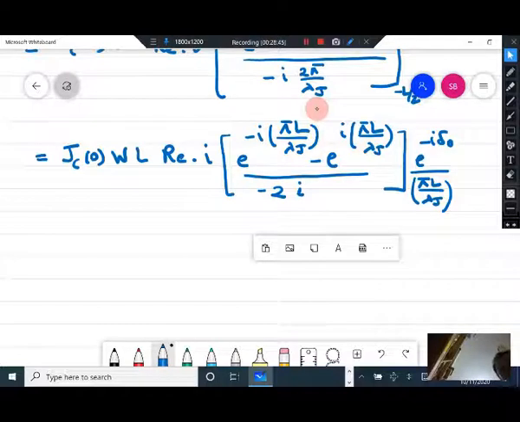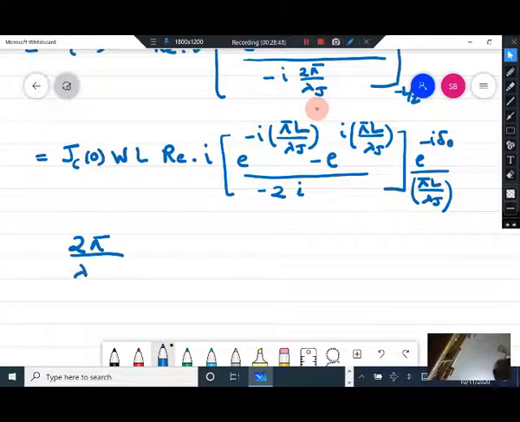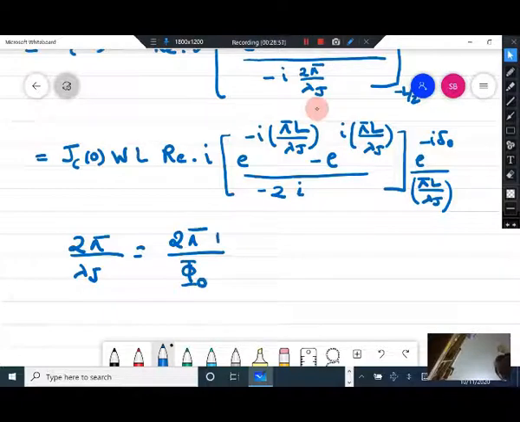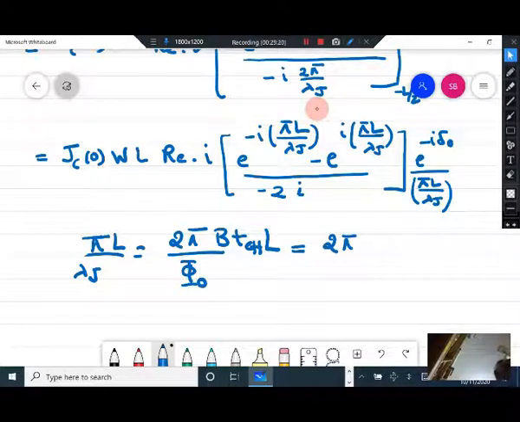If you look at 2 pi by lambda j, this is 2 pi by phi 0 into B into T effective. Into pi into L into lambda j will be nothing else but this, which will be 2 pi by, there will be no 2, I'm sorry for this factor 2, this factor 2 is not there.